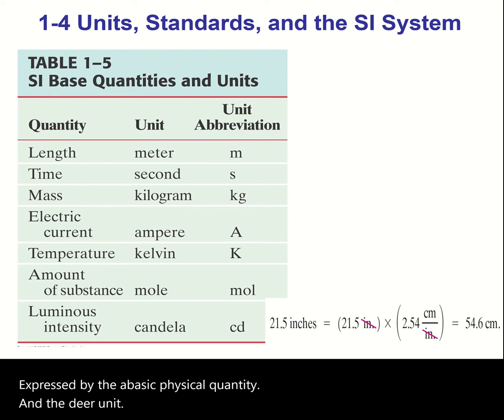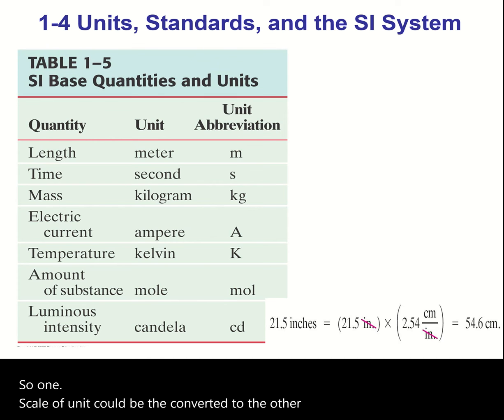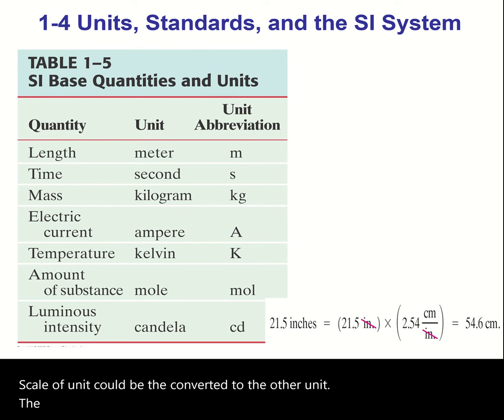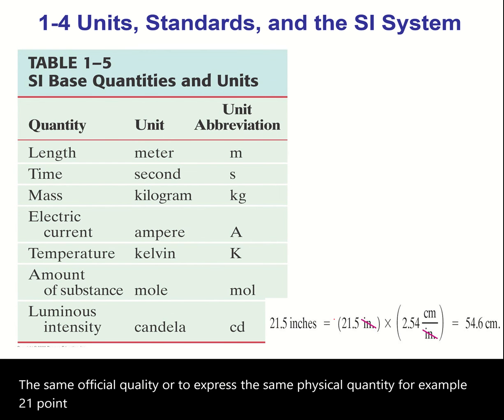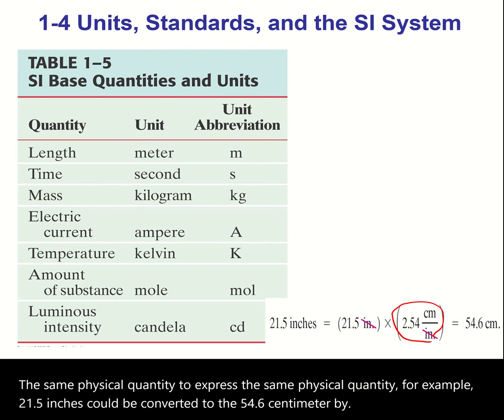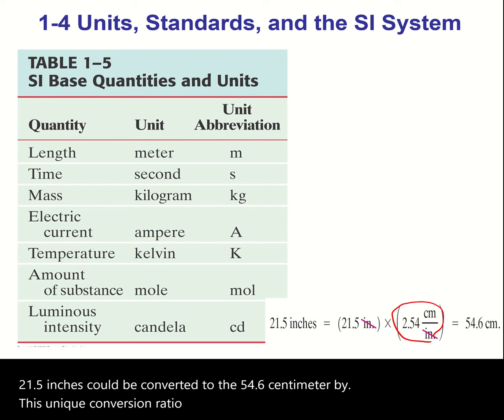So one scale of unit could be converted to another unit of the same physical quantity. For example, 21.5 inches could be converted to 54.6 centimeters by this unit conversion ratio. 1 inch corresponds to 2.54 centimeters.